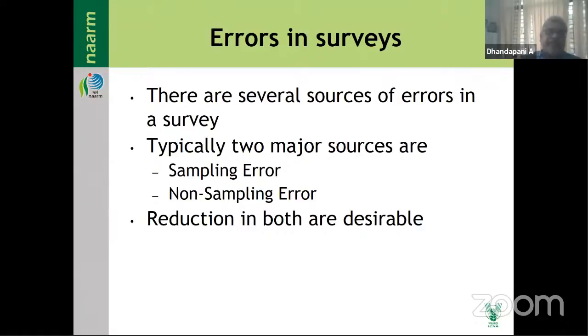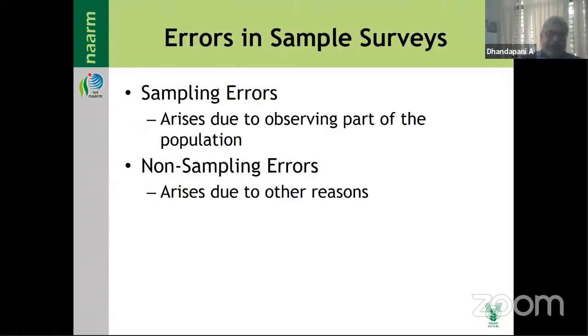Here in sample surveys, the term usually used is sampling error, because in a survey there are several errors, and they are clubbed together into two. One is sampling error, another is called non-sampling error. Of course, we need to reduce these. So what is sampling error, and what is non-sampling error? When you use a sample to estimate the population, there is no way you can say that the sample values will lead to the exact value of the population.